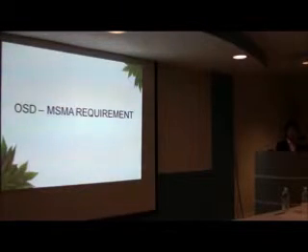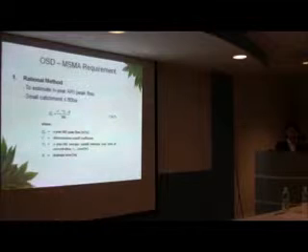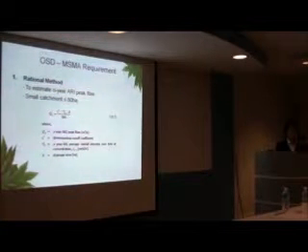Look at the MSMA requirement on OSD design. Since OSD is for small development, the MSMA recommends using the rational method to estimate the peak flow, the Q. This formula is only valid if the catchment is less than or equal to 80 hectares.